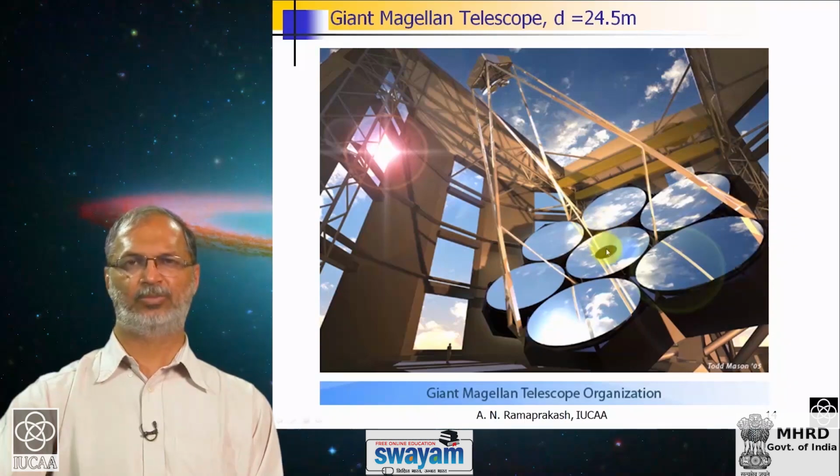So, this telescope's primary mirror is made of 7 8-meter diameter glass pieces. You put 7 of them together to form one telescope, which is roughly 25 meters in diameter.